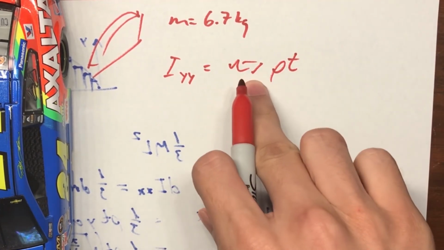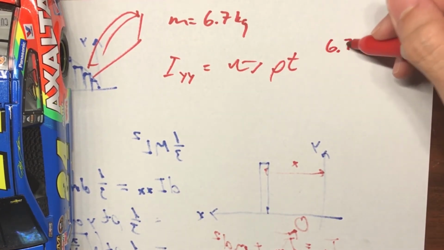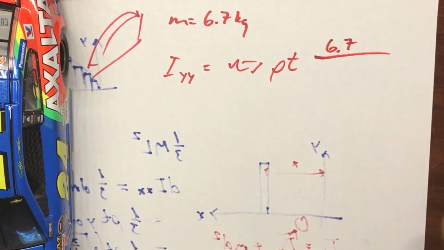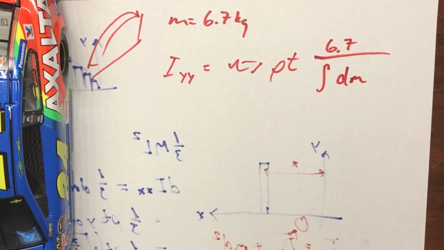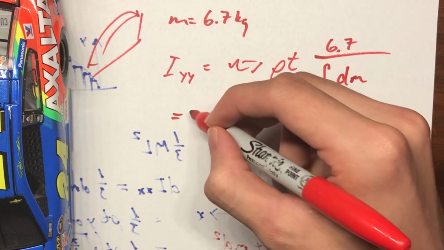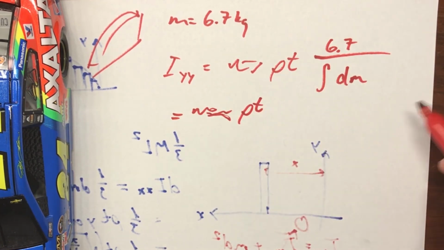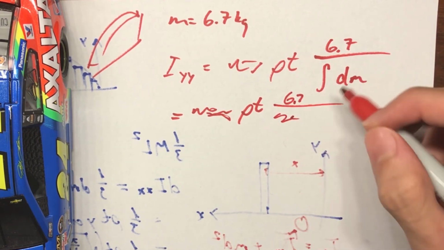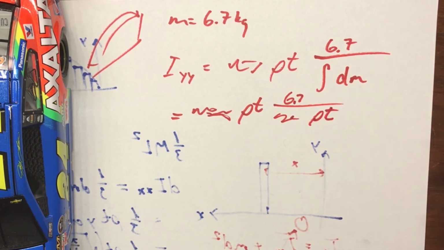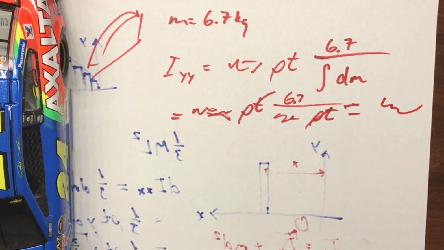From here, it's just the old multiply by 1 trick. So you take the mass, you have 6.7 over mass. What's another way of writing mass? Integral of dm. So let's rewrite this. You have something times rho times t times 6.7 over something else times rho times t, and those just cancel, and then you'll have some numerical value. So that's how you do that.